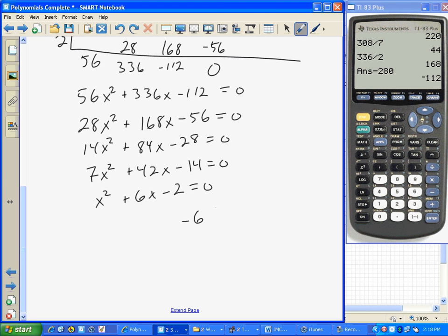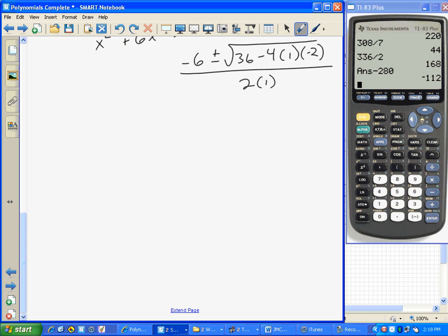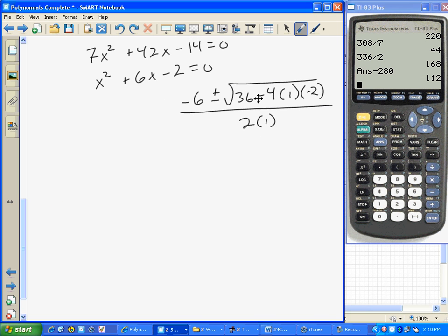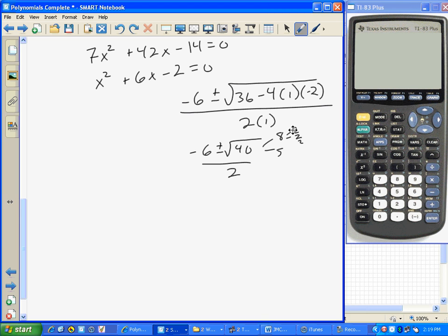So negative b plus or minus square root b squared minus 4 times a times c over 2a. So 4 times 2 is 8, negative and negative is positive. So I have 36 plus 8, which is 40. Over 2, 40 breaks down into 8 and 5. 8 is 2, 2, 2, and 5. So a pair of 2's comes out.